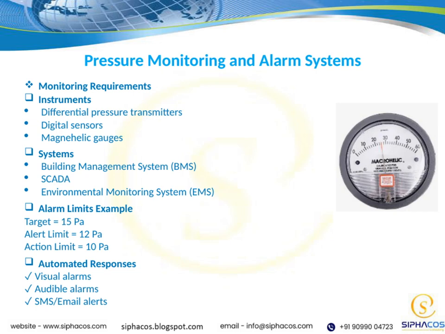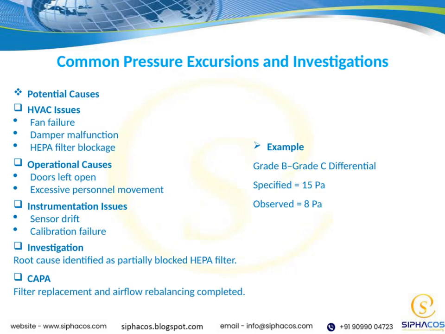We set alarm limits, for example, a target of 15 pascals with alerts kicking in at 12 and action required at 10. When limits are crossed, automated responses trigger visual and audible alarms, plus SMS or email alerts, so no warning goes unnoticed.